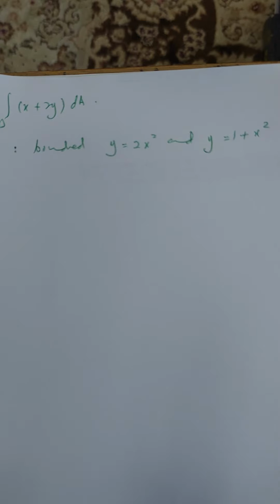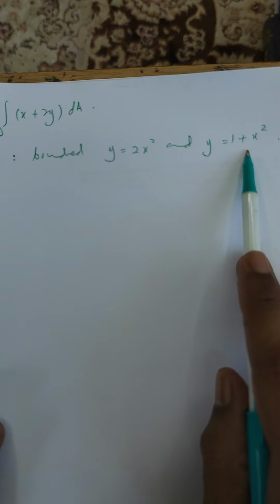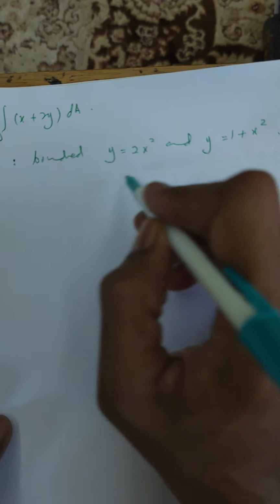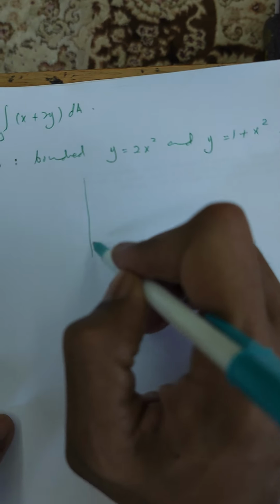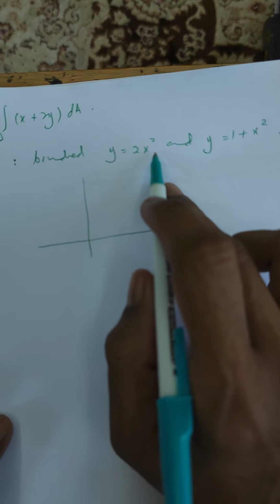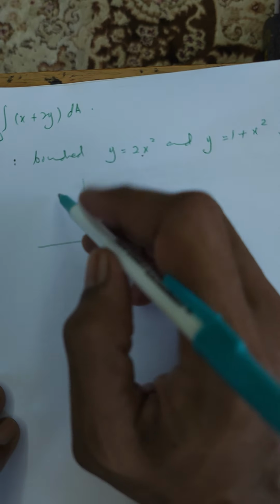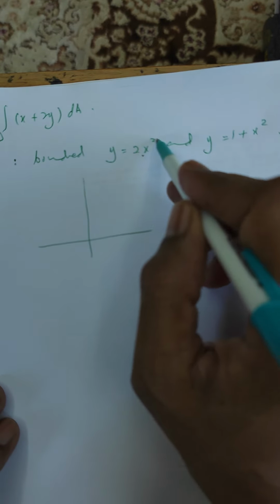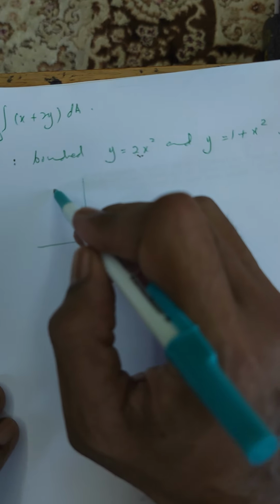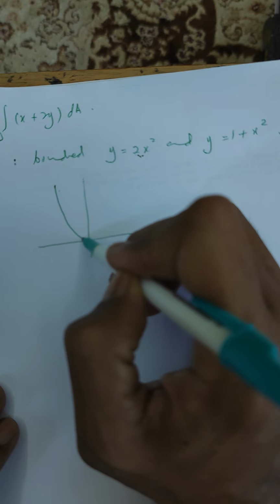In order to identify the region of integration, I would suggest that you sketch the region. Sketching those functions is not difficult. This is y equal to 2x squared, so you have y equal to x squared and then you multiply by 2. It just looks like that.